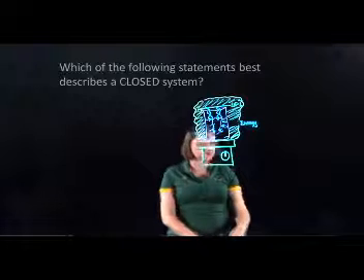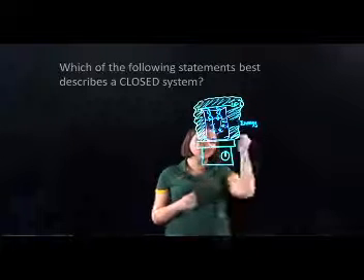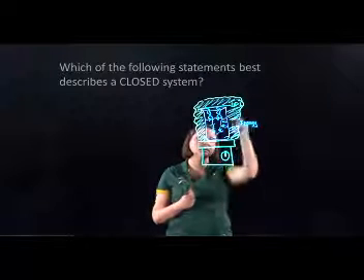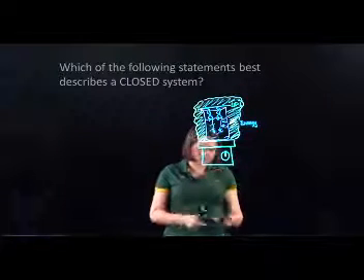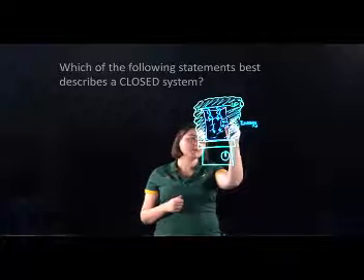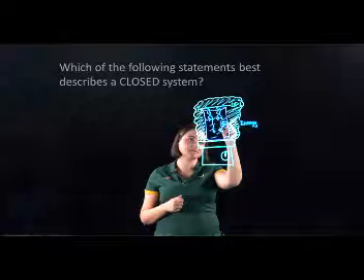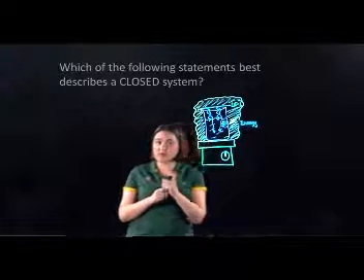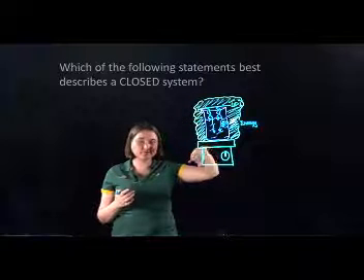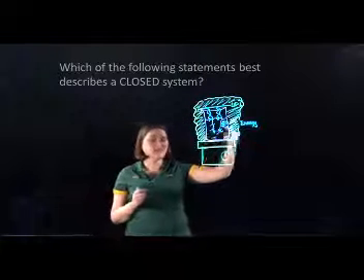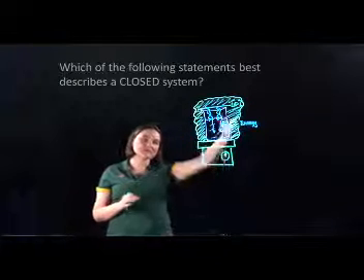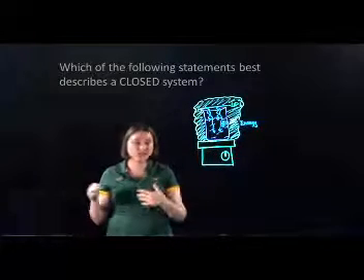Because now you still have the energy, right? Let's fill in our insulation so it looks like we know what we're doing. All right. So you still have the energy, but when the energy gets to the insulation, it just bounces back. So now nothing can escape. Your matter can't escape because when it gets to the lid, it falls back down to the system. And now your energy can't escape because you have it insulated in something. Once it hits the barrier, it has to come back into the system.